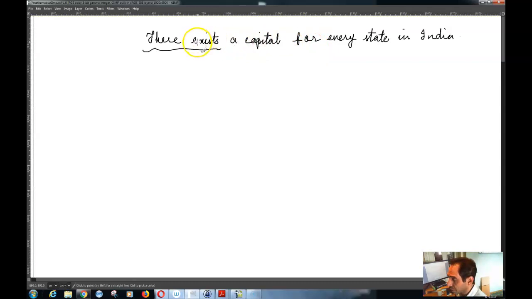And if you want to negate this, you would probably say, for example, there does not exist a capital for every state in India. That would be right. That would not be wrong, I suppose.